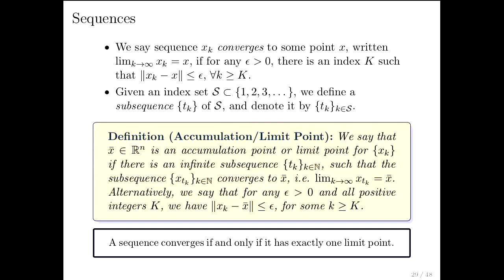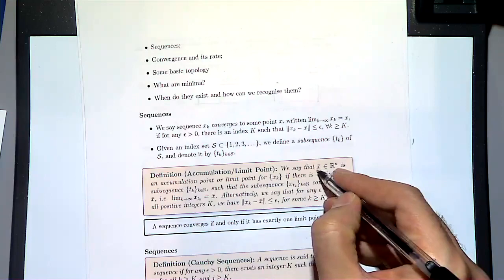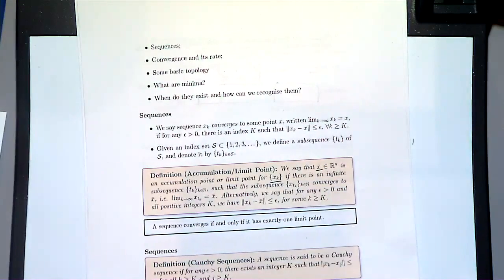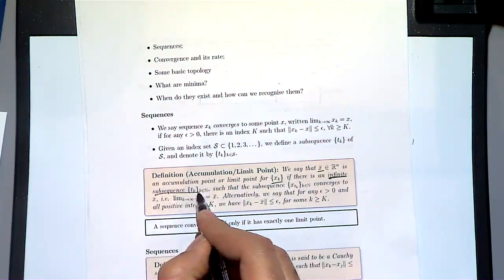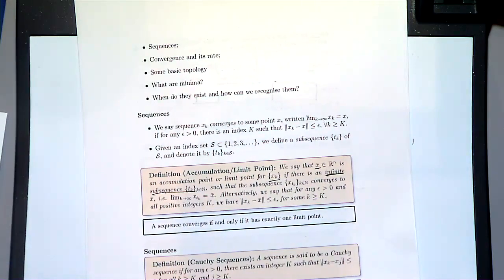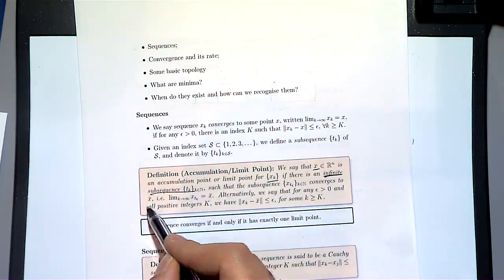Then we have a definition of an accumulation point or a limit point. So the key statement is here. We call x bar a limit point or an accumulation point for some sequence xk if I can find an infinite subsequence out of these xk's such that that particular subsequence converges to x bar.